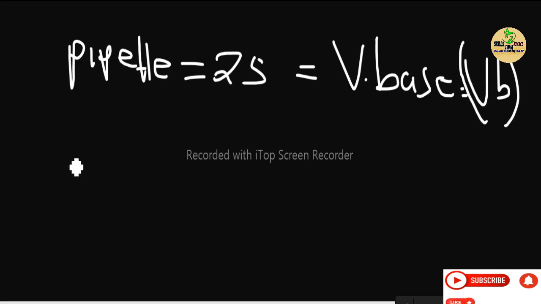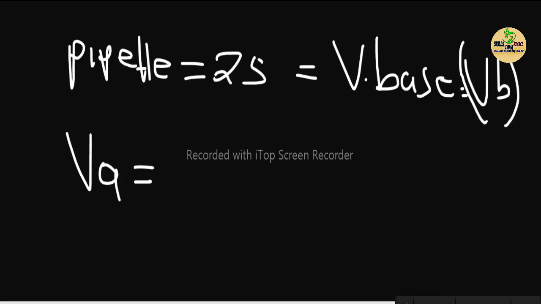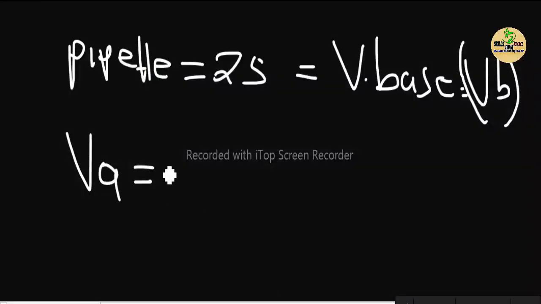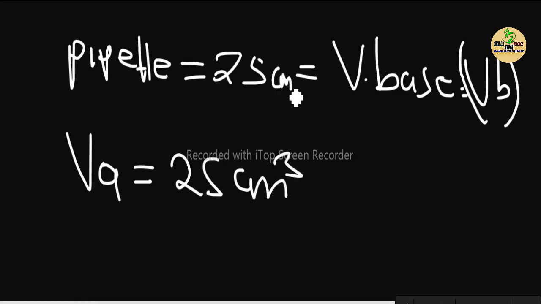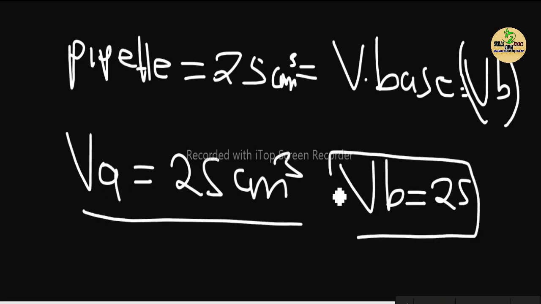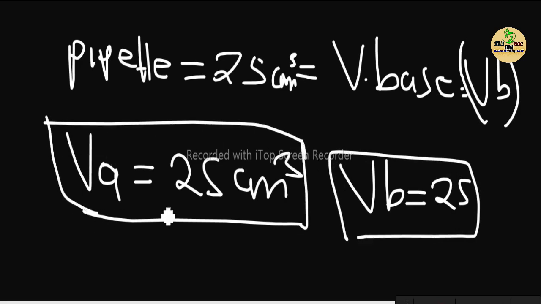After titration, the volume of acid from the burette, as in the table, was also 25. So the volume of acid and the volume of base are both 25. That is our main data for the calculations.